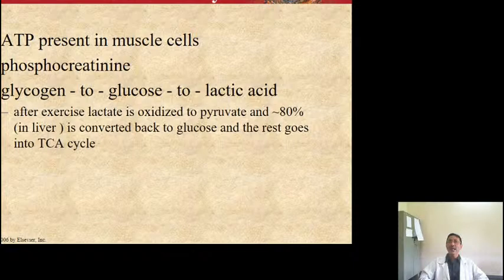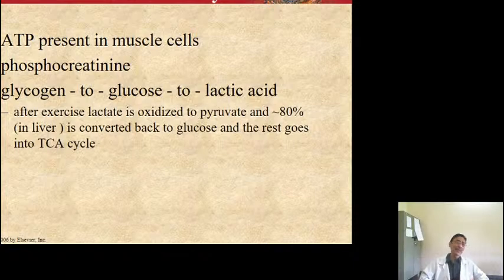Now when there is a sudden strenuous burst of activity, how are the energy levels utilized? First, whatever is present in the muscle cell, it is the ATP. The ATP is broken down. This ATP present in the muscle cells, or whatever is stored and readily available, will be utilized to generate energy and provide muscle contraction. So the first source of energy in exercise is the stored ATP.